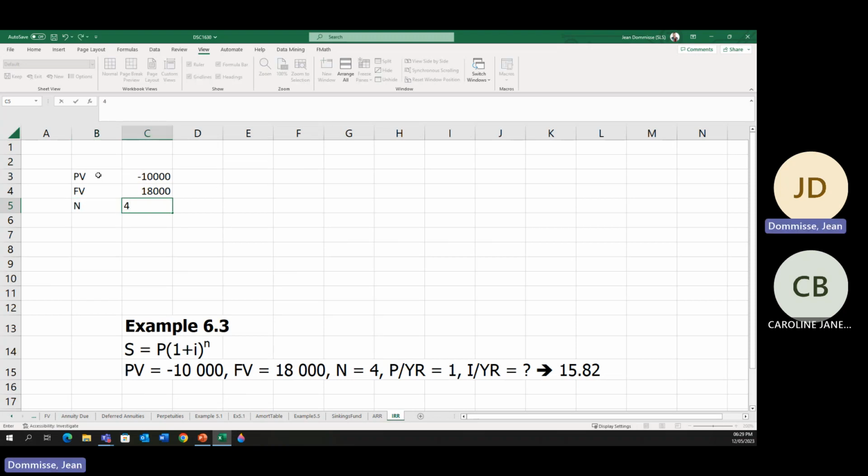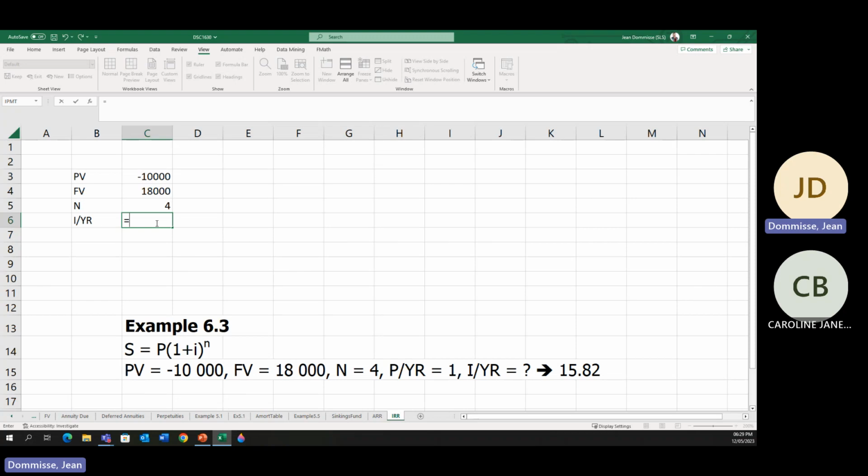Okay, so in this instance, this would have been very straightforward. We would have wanted to work out what your interest rate is.